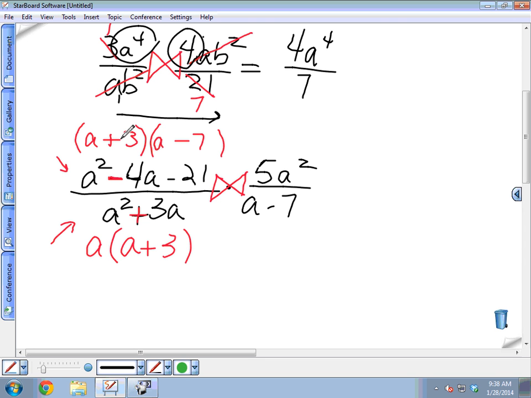Now I can start to cancel some things. I have an a plus 3 that can cancel out into a plus 3. I have an a minus 7 here that can cancel out along that line in a minus 7. I have an a that can cancel out into a squared. And what am I left with? I have 1 left over here, right?